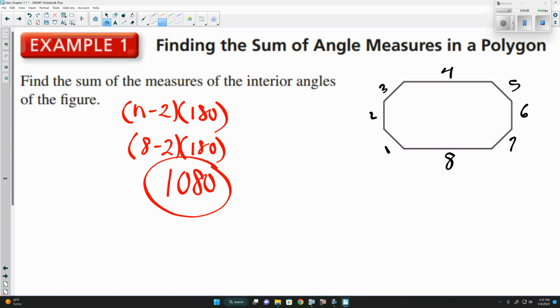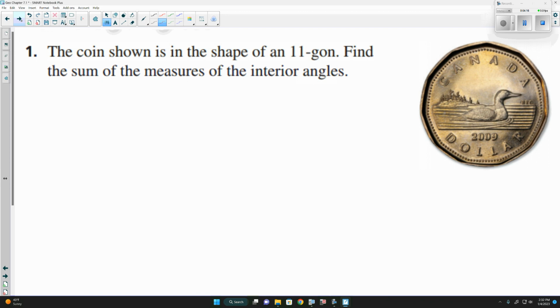Questions on this so far? The coin shown here is an 11-gon. Find the sum of the interior angles.